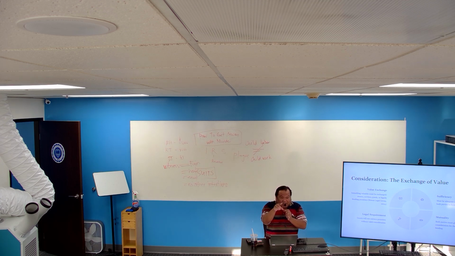Look again. Value exchange. Something valuable must be exchanged. So your chair is being exchanged for $8. But you said it's only rental, right? You're not selling your chairs for $8. So therefore, what's the value of $8?